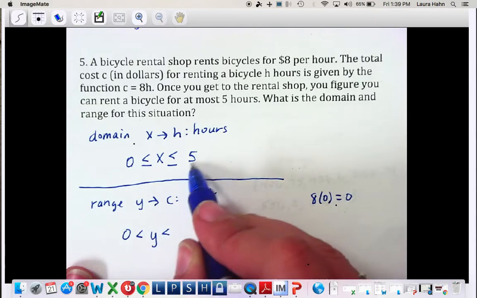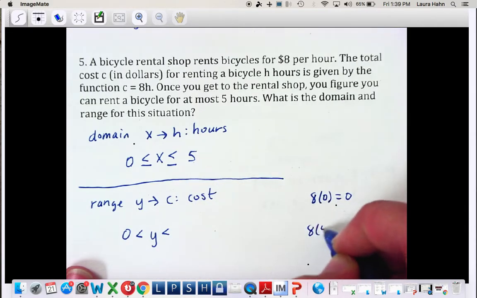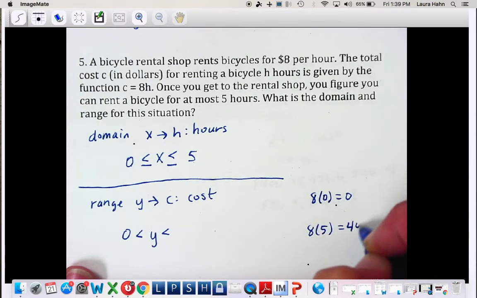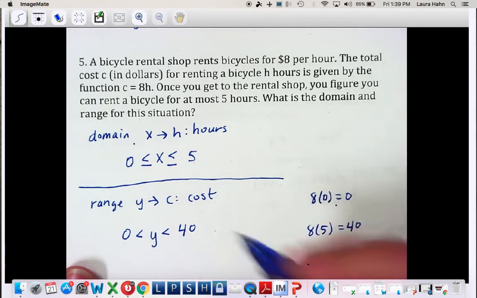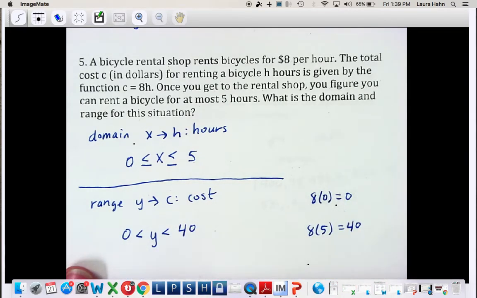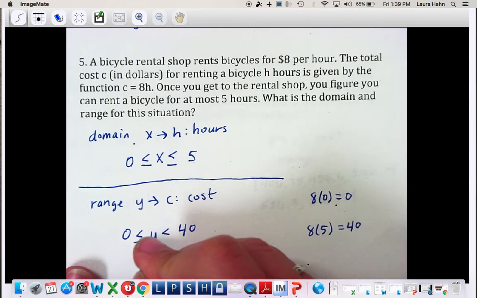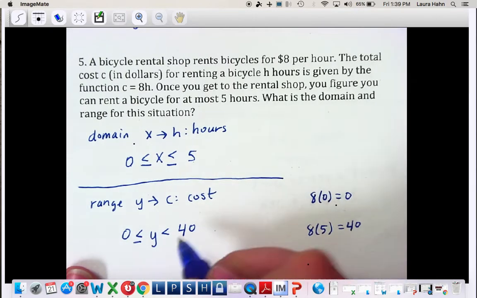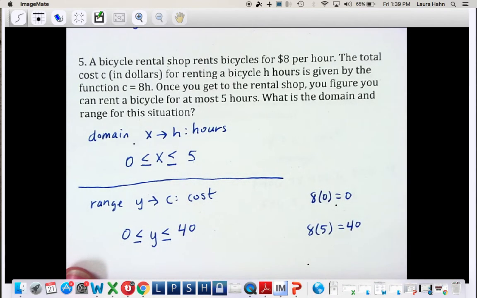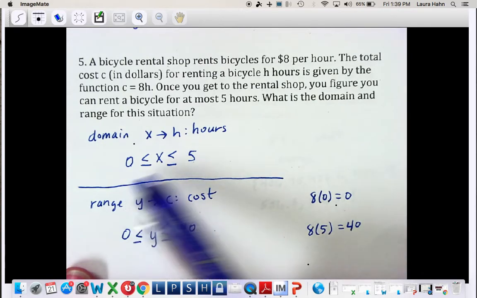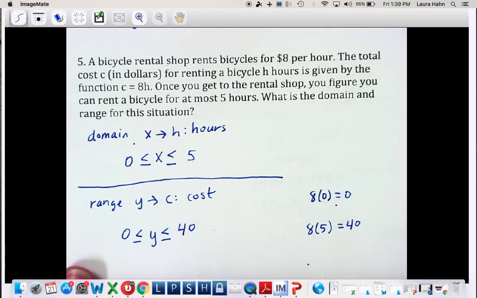If I use it for the full 5 hours, 8 times 5 is 40. So it can cost me anywhere from $0 to $40. If you don't use it at all, it equals 0. If I use it for the full 5, it could equal 40. So if I use it from 0 to 5 hours, it's going to cost me anywhere from $0 to $40.